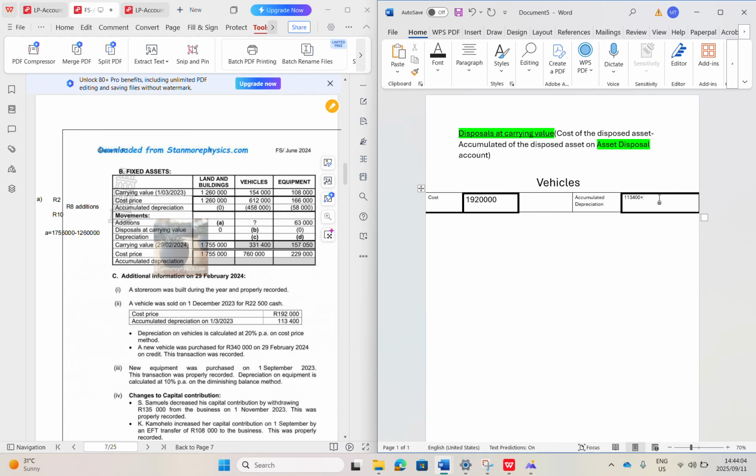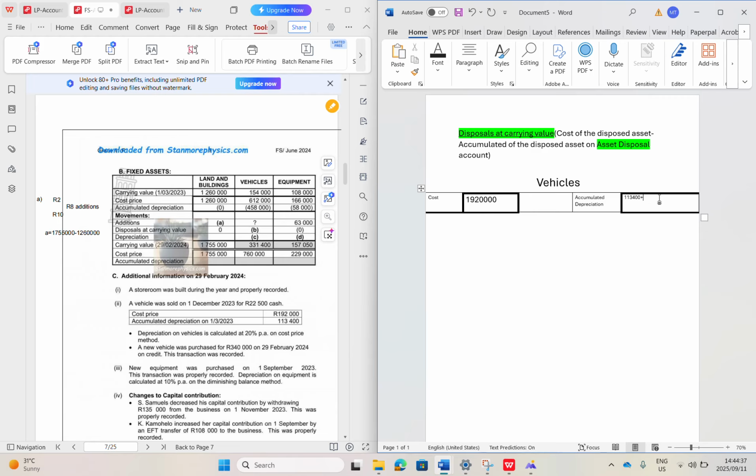Depreciation up to 1 March 2023 is 113,400, which I added here, plus depreciation up to the date of sale. If you count from the 1st of March, you don't count December, guys. It's the 1st, not the 31st, so don't include something that starts with the 1st. We want up to November.